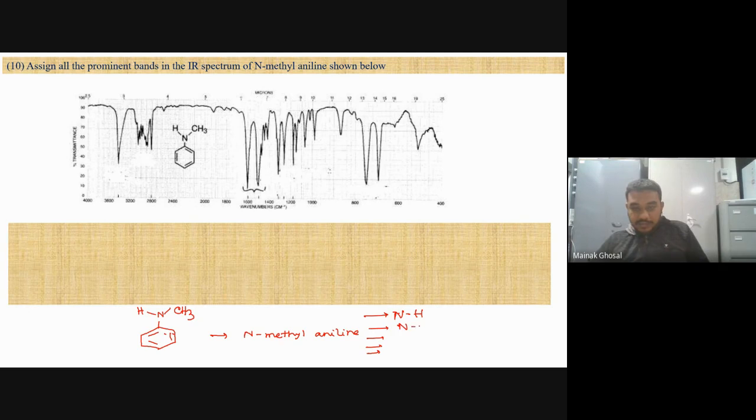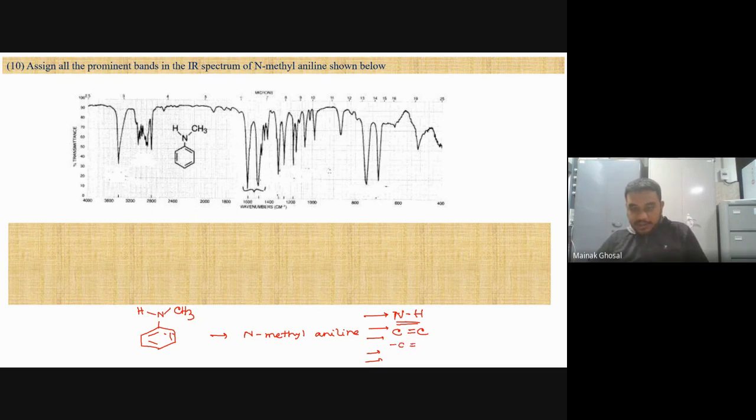The sp3 carbon CH generally comes in this region. I'm not interested in this region now; this is called the fingerprint region. I'm interested in NH, and one thing is aromatic C=C. What else is possible?